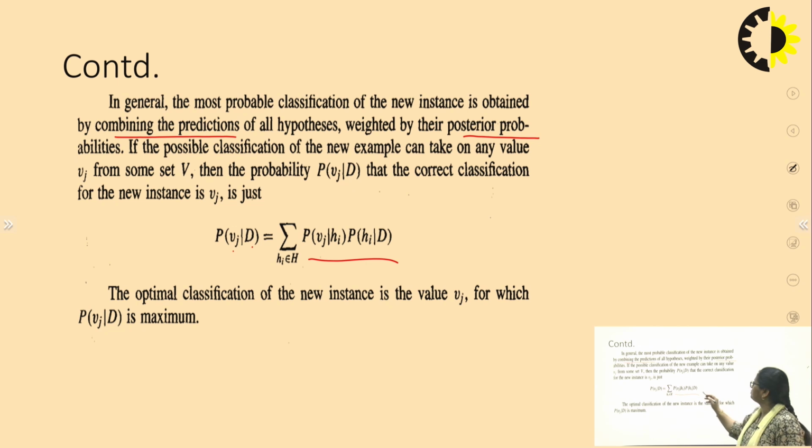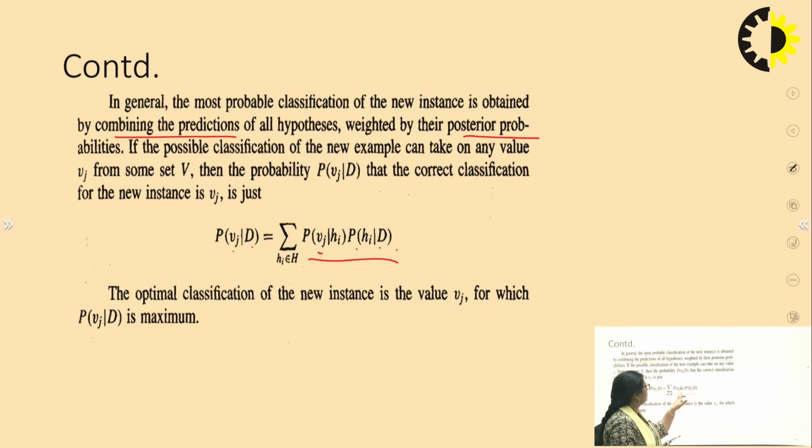So what is the posterior probability? That is the probability of H1 when D is there, the probability of H2 when D is there. So what we will have is that it belongs to class 1 when the hypothesis is H1, and this is multiplied with the posterior probability.